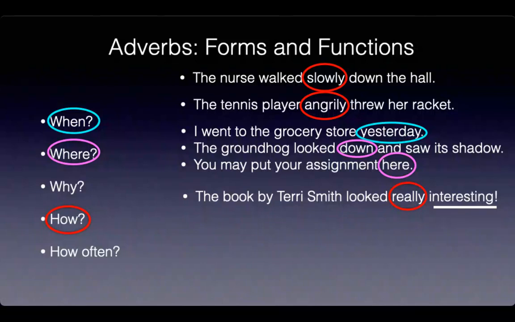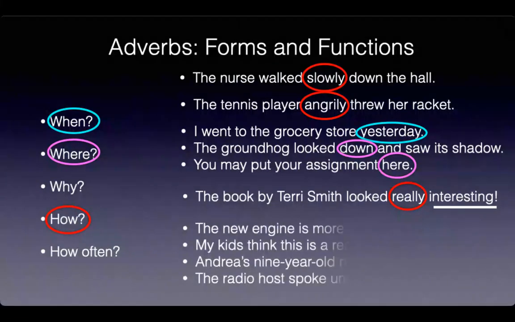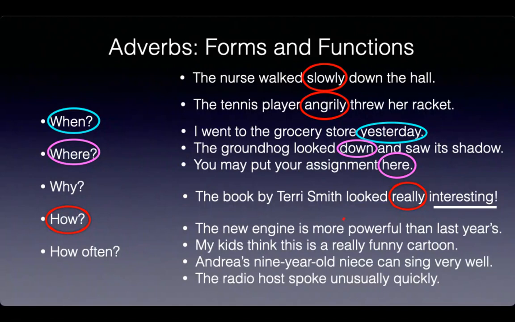The word really in this sentence is an adverb describing the adjective interesting. The following example sentences use adverbs to describe adjectives and other adverbs. The first two describe adjectives, and the last two describe other adverbs.